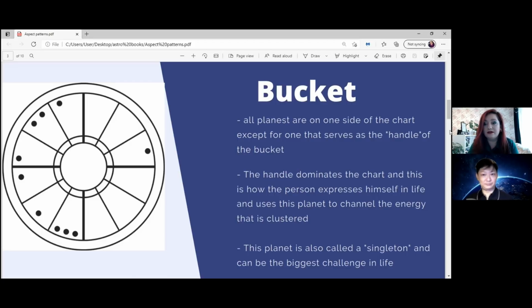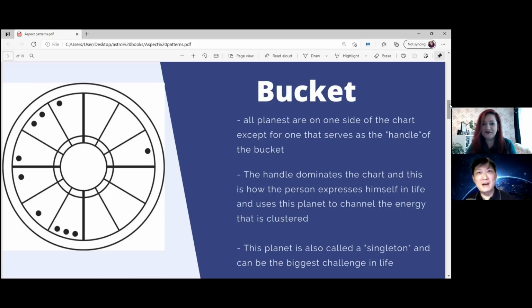It's the dominant planet, so it's really important to take a look at which house it is in, which sign it is in. And I also use the ruler of this planet to check the situation there, because it gives us extra information about how we can handle this handle.